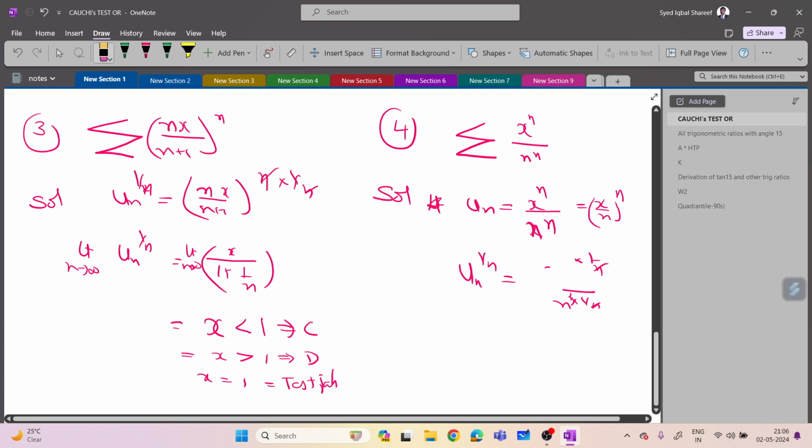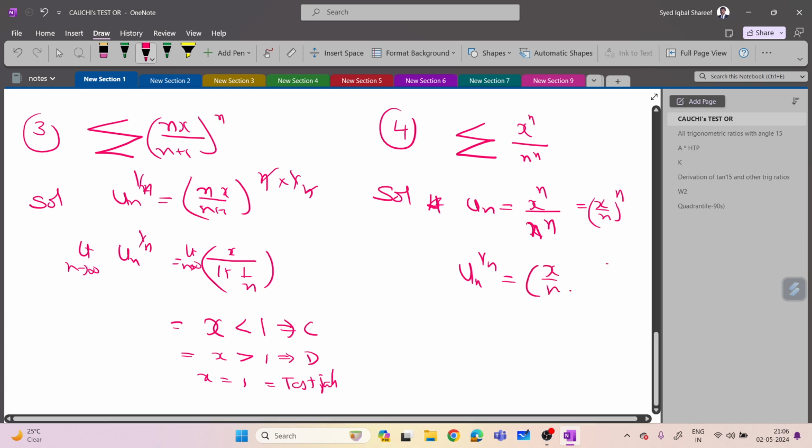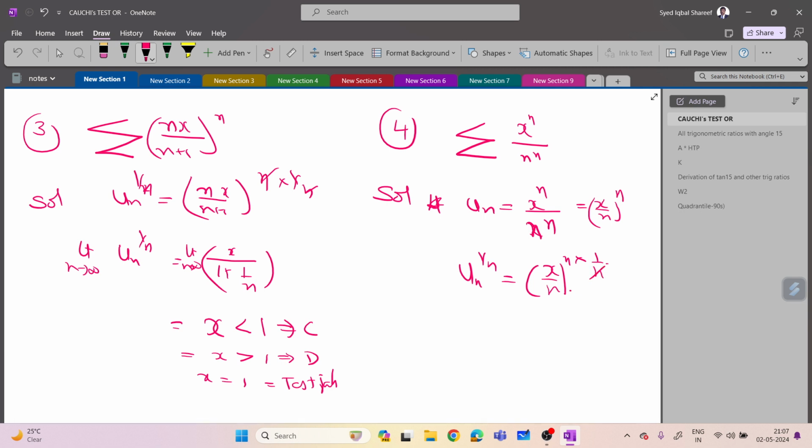Why we will go this way? So it is x by n whole to the power of n, raising whole to the power of 1 by n both the sides. So it gets cancelled. Now limit n tends to infinity un whole to the power of 1 by n equal to limit n tends to infinity 1 by n.